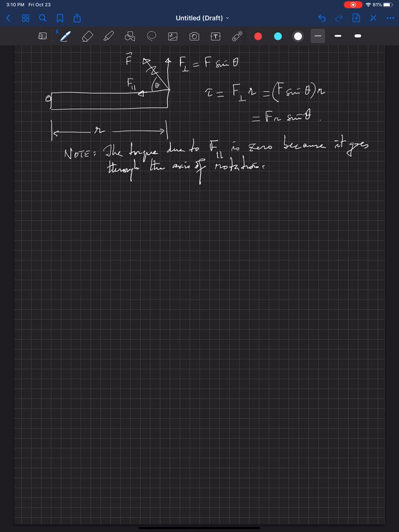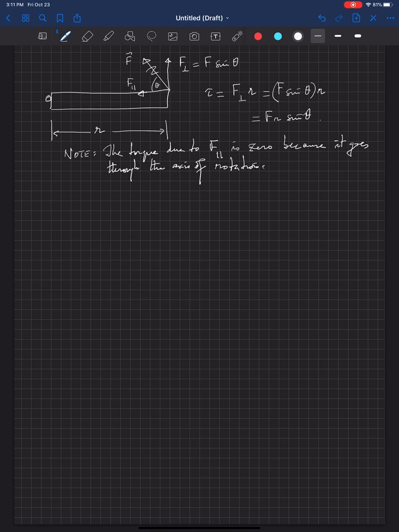There is no distance between this force and the axis of rotation. It goes through the axis of rotation, so the torque due to F parallel is 0. And so you get the same expression as F perpendicular times the distance r.